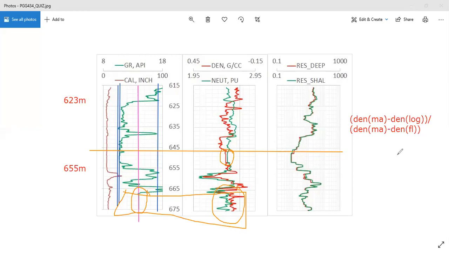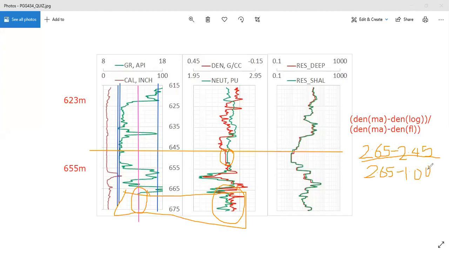So this is going to be 2.65 minus 2.45, which actually should be maybe 2. Well, let's just use 2.45. It's easier for calculation. Divided by 2.65. In this zone, the fluid content is water, so it's going to be 1.00.